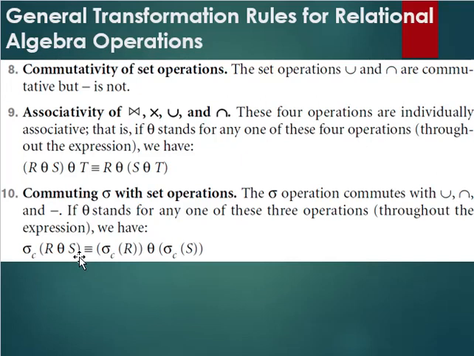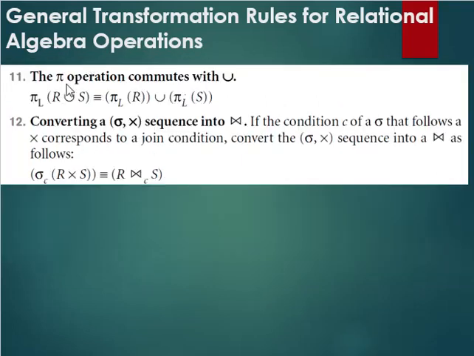In the same way you can put intersection in the place of theta: select of R intersection S and select of R intersection select of S are equivalent. Next, the pi or project operation commutes with union, that is, project of R union S is equivalent to project of R union project of S, but it is not true for the others, only for union.